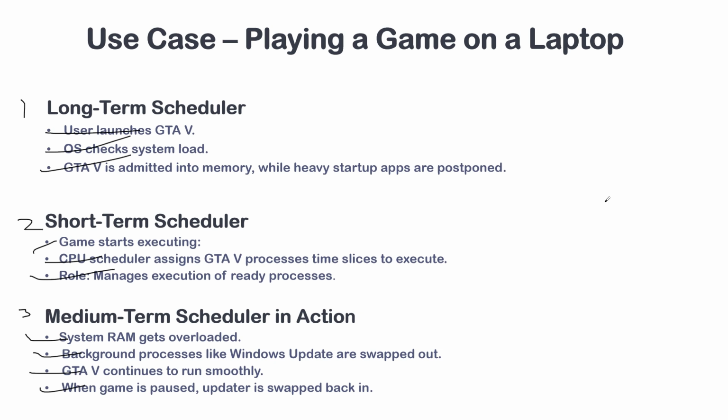So the swapping is done by the medium-term scheduler. And when the game is swapped to the disk, the Windows update and all other apps which were running before come into the RAM again. So this is how the long-term scheduler, short-term scheduler, and medium-term scheduler work.